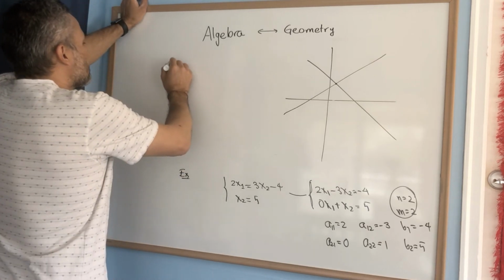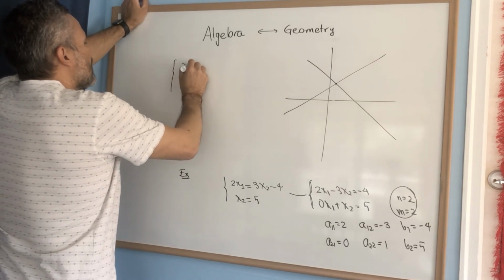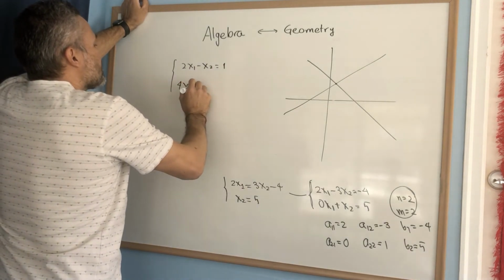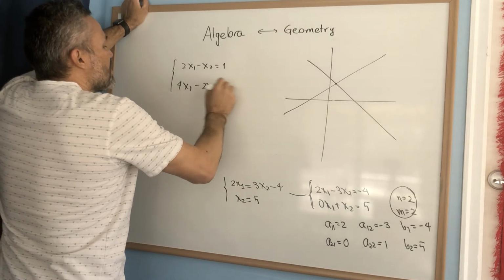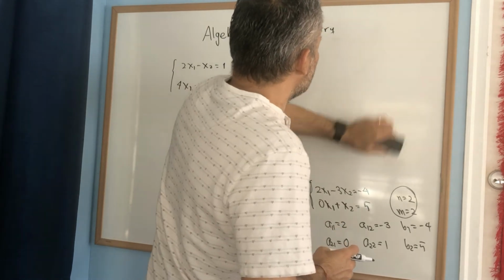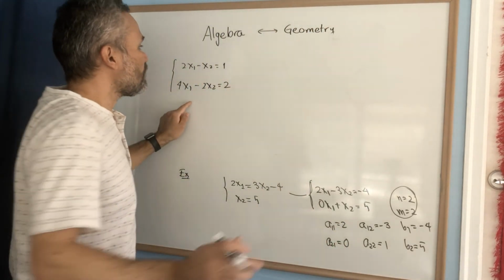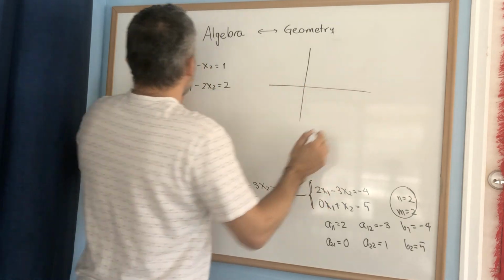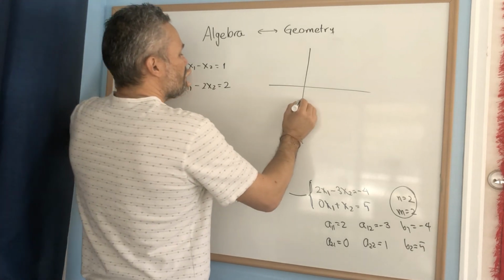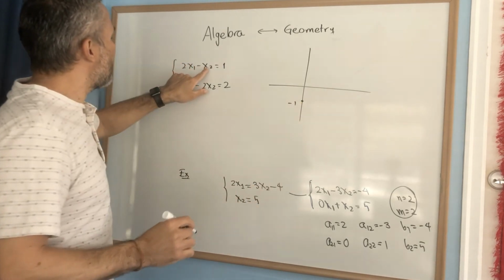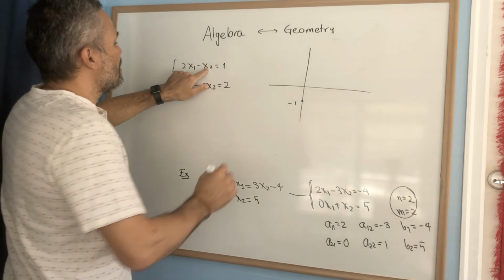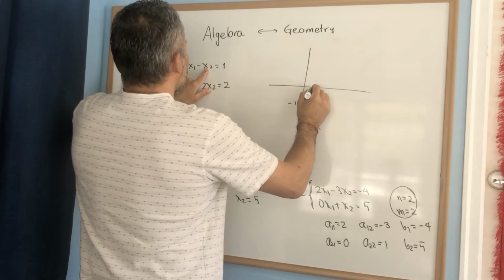We may have a system like this, like 2x1 minus x2 equal 1, and 4x1 minus 2x2 equal 2. Geometrically, what is happening with this system? Let's see. When x1 is 0, x2 is negative 1, and when x2 is 0, x1 is 1/2.